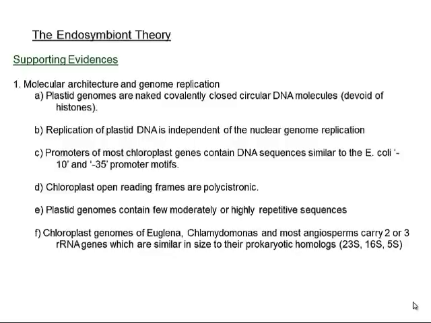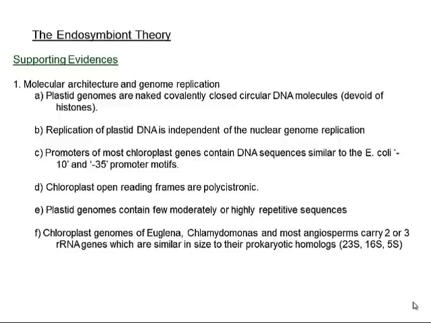The first is that plastid genomes are naked, covalently closed, circular DNA molecules devoid of histones, just like bacterial genomes. The replication of this plastid DNA is independent of the nuclear genome replication. And promoters of most chloroplast genes contain DNA sequences which are very similar to the E. coli -10 and -35 promoter motifs.